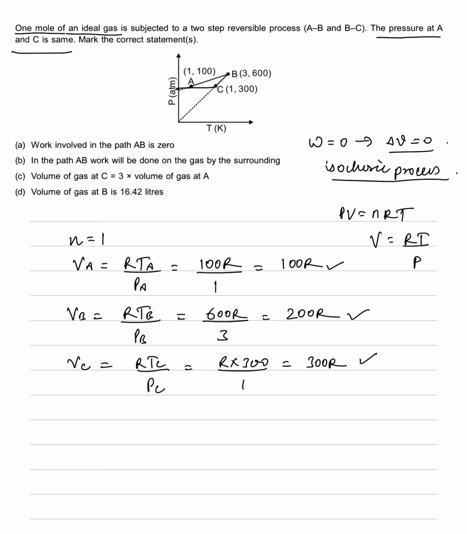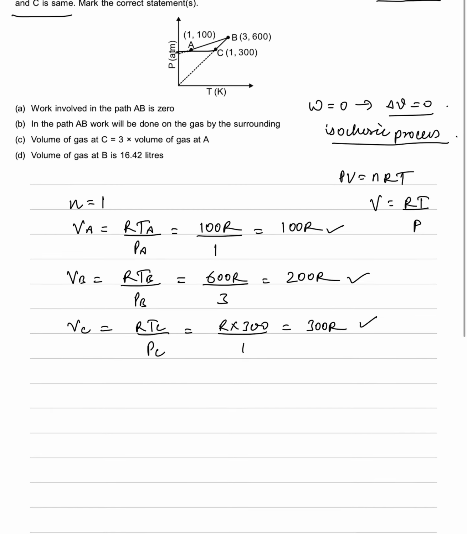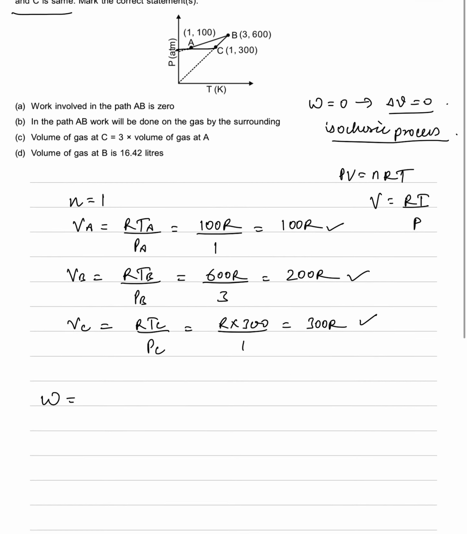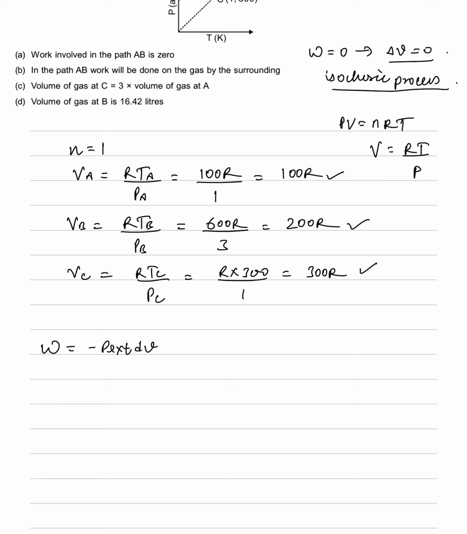In the isochoric process, delta V is 0, so work done is equal to 0. Why? Because work done is equal to minus P external dV, right? And in the isochoric process, change in volume is 0, so work done is 0. That is one case where work done is 0.